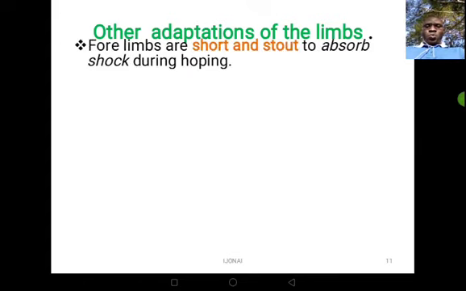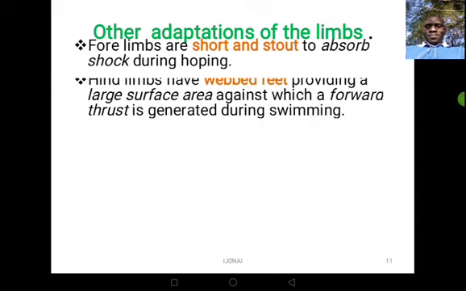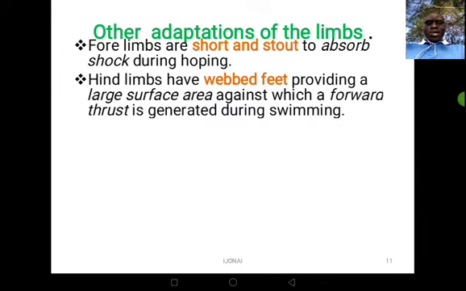So let's proceed to other adaptations of the limbs to their function. The forelimbs are short and stout to absorb shock during hopping or landing. And then the hind limbs are webbed. They have webbed feet. What is the advantage? They provide a large surface area against which the forward thrust is generated during swimming.